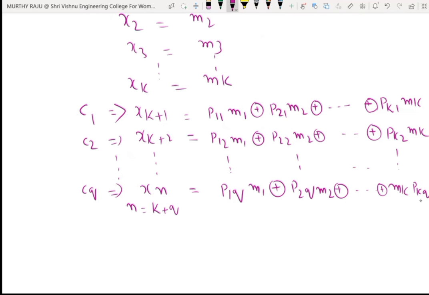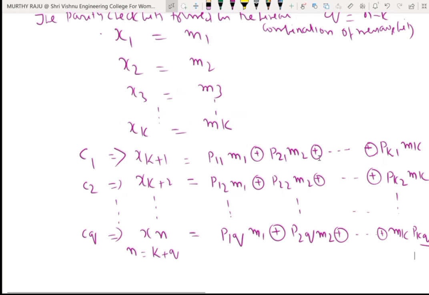Therefore, the coefficient value is k. Here k plus q means we use kq. Here C1, the parity bit value, is represented by q. These P11, P21, PK1 are all coefficients.